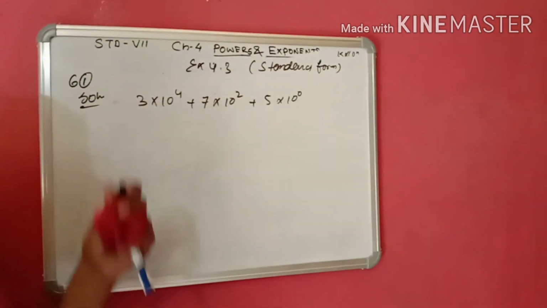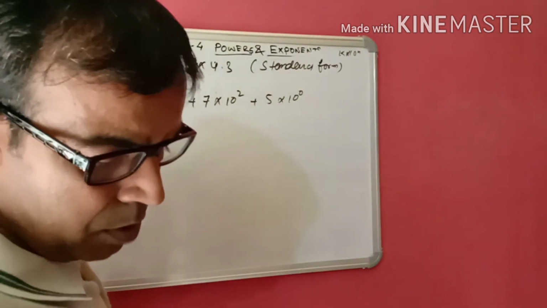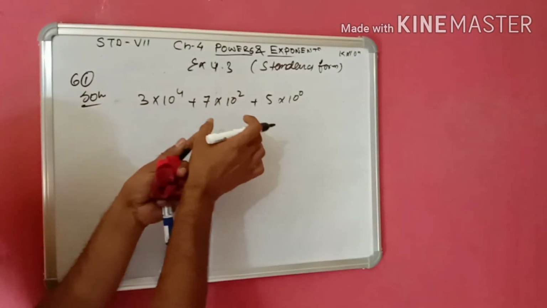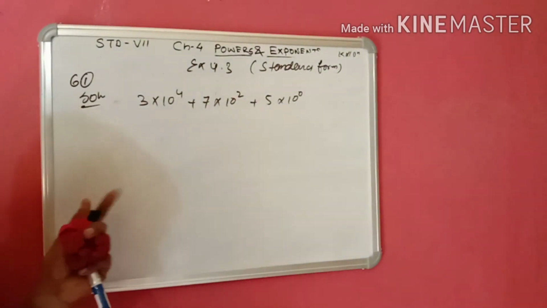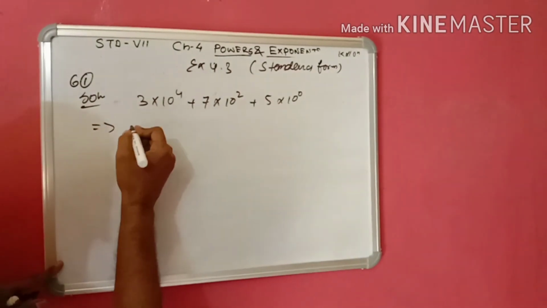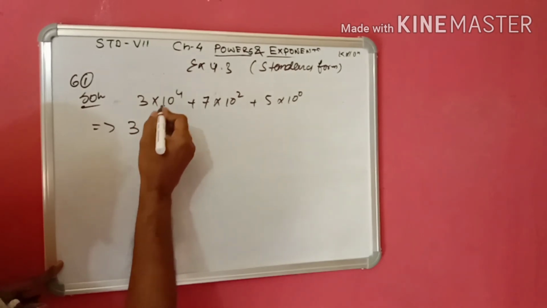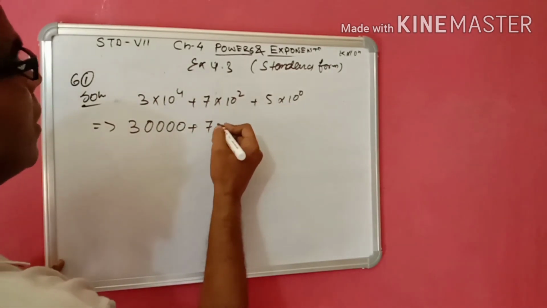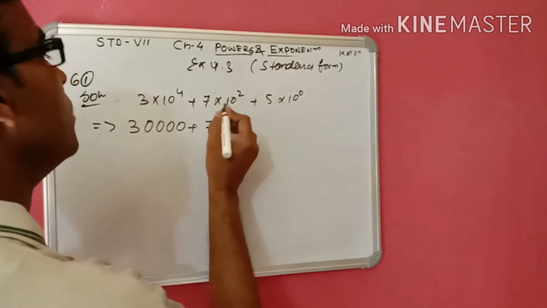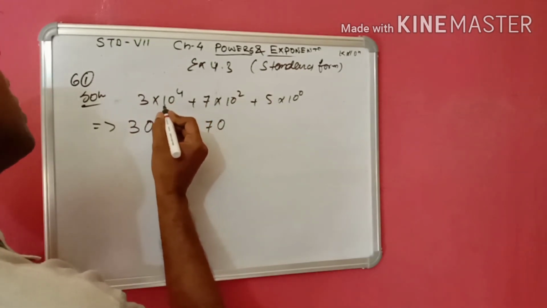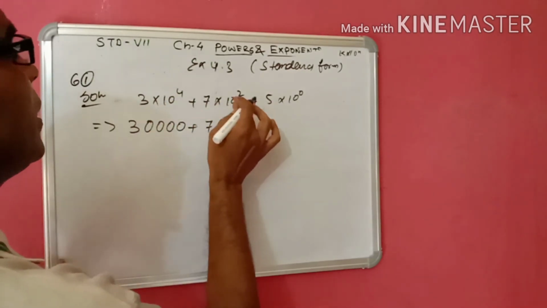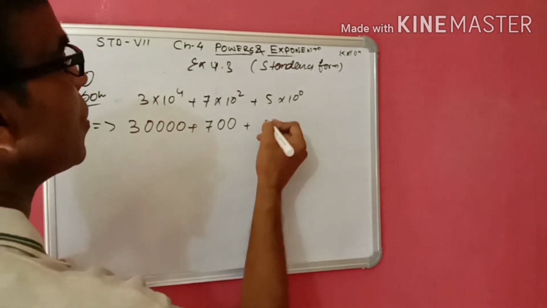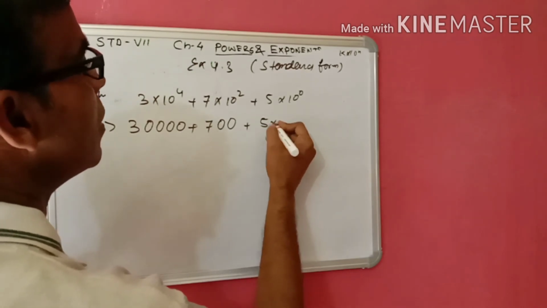Now question number 6 first. This is your last question. It is given to find the number from each expanded form. This is your given exponential form, and you have to change it into expanded form. First, 3 into 10 to the power 4 means 30,000. 7 into 10 to the power 2 means 7 into 100, that is 700. 5 into 10 to the power 0 means 10 to the power 0 is 1, so 5.